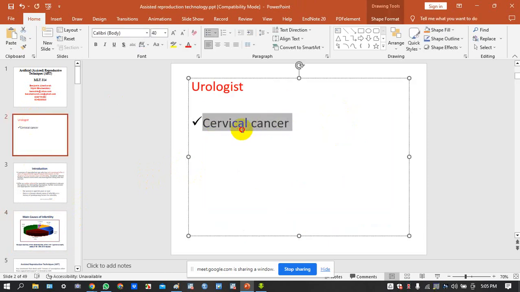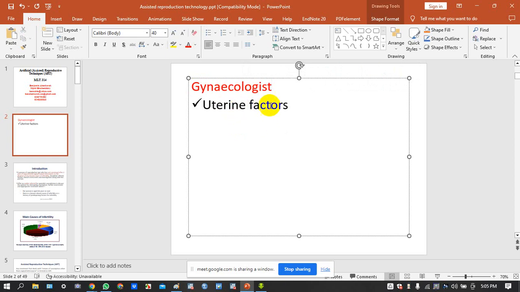So we finish with cervical, and we go to uterine factors. The women's issues are handled by gynecologists. Let's look at the uterine factors.